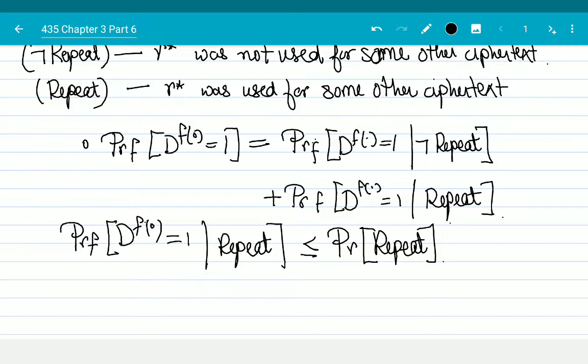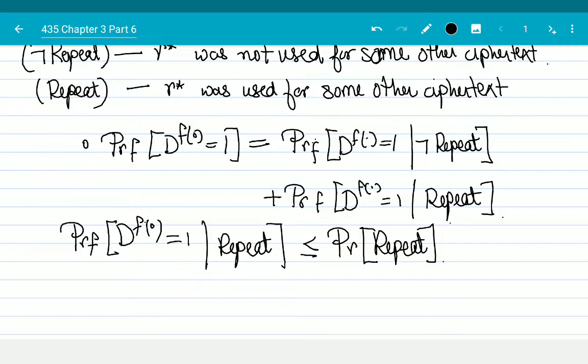While you don't know your key K exactly, your ciphertext that comes out is going to depend exactly on R, FR and your message M, right?